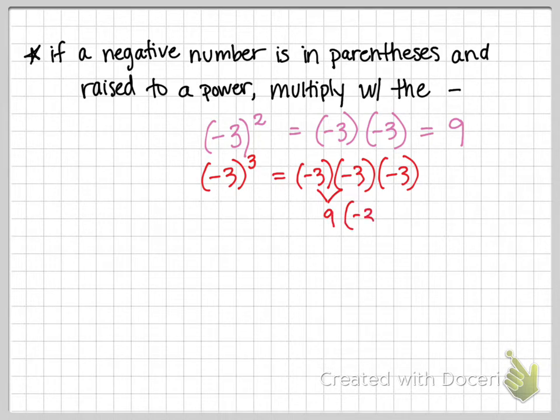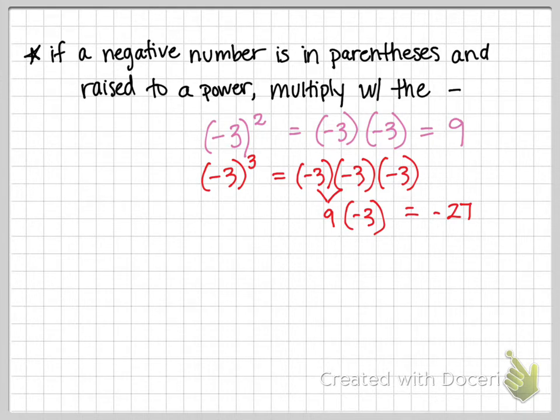And then times a negative 3, what are we going to get now? Negative 27. So you don't need to necessarily memorize that, but it's a pattern that you'll notice. It's like negative times the negative times the negative. Because you'll always have that outlier negative that's going to make the whole thing negative if it's odd.